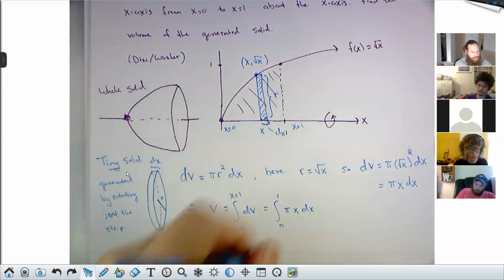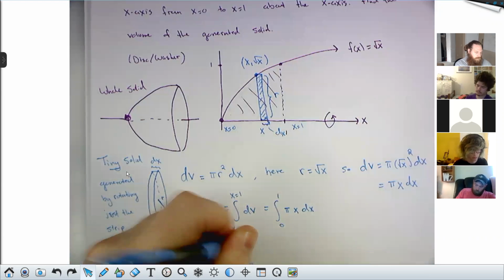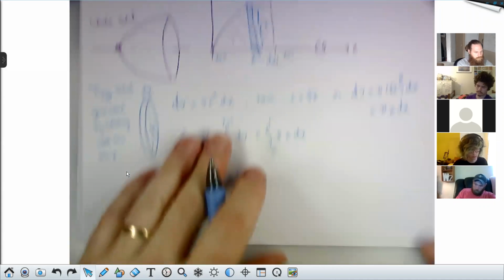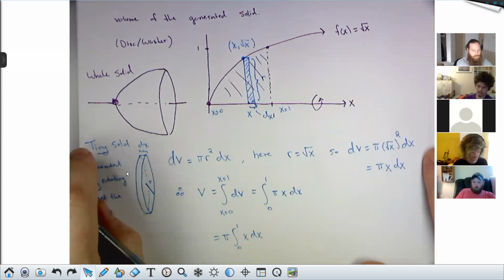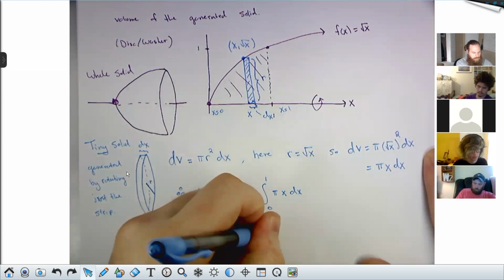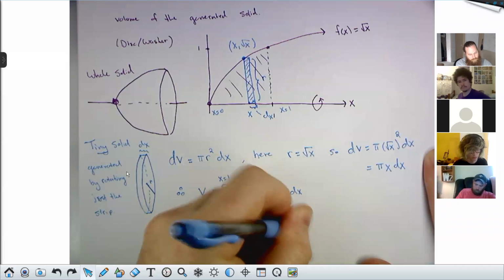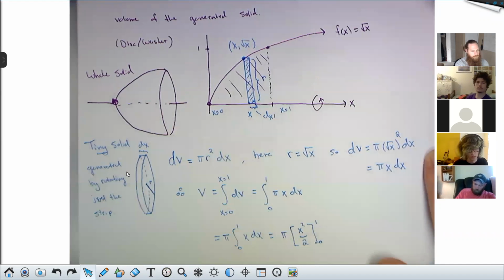Now, of course, the pi pops out. I'll continue over here. This is pi times the integral from 0 to 1 of x dx. Which would then be pi times x squared over 2, evaluated from 0 to 1.